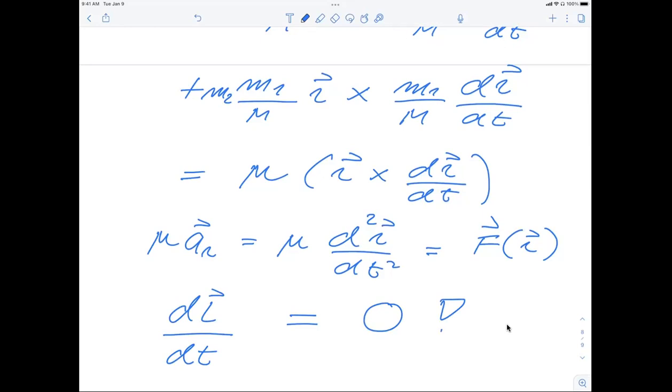This is an important thing because it means that the angular momentum is a constant of the motion. The angular momentum is perpendicular to r and the momentum, which means that we can look at the motion in a plane. And then we get rid of one additional degree of freedom.